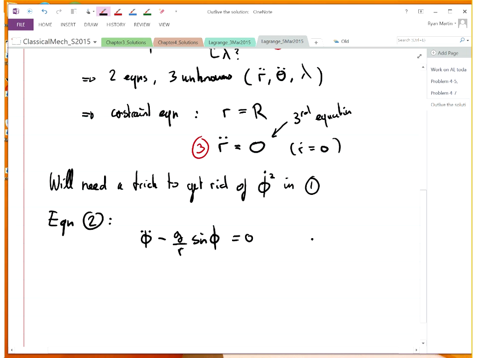So here we need from this an expression for phi dot instead of phi double dot. So somehow we have to integrate this, and you can't just randomly integrate it because of the R.